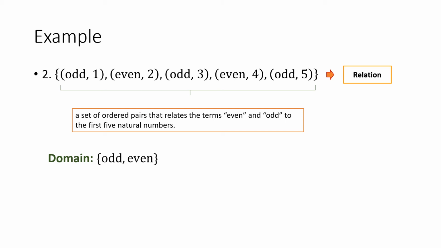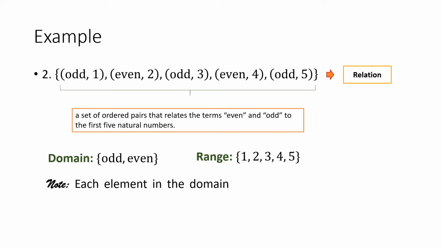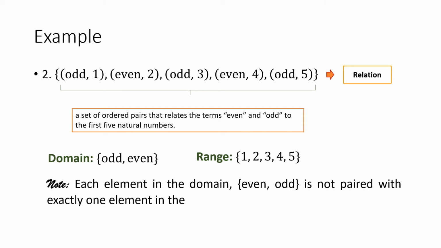The domain is the set of the terms odd and even, while the range is the set of the first 5 natural numbers, 1, 2, 3, 4, and 5. Note, each element in the domain, this odd and even, is not paired with exactly one element in the range, which is the set of 1, 2, 3, 4, and 5.